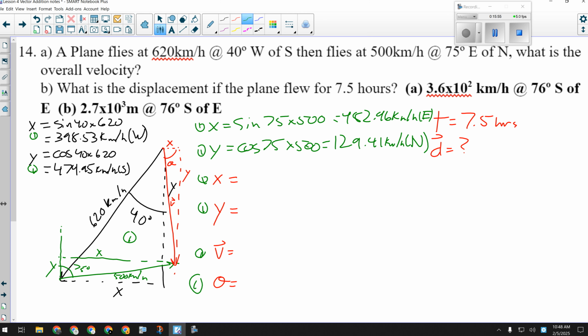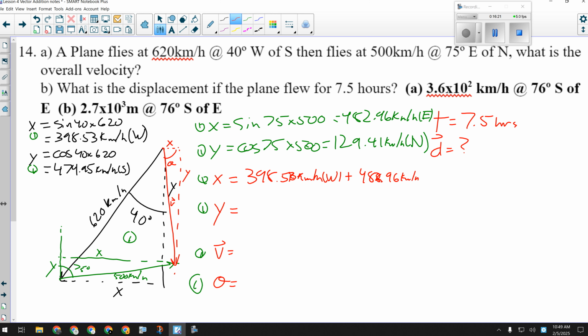Right. So now we've got to calculate our resultants x and y. So our resultant x is going to be 398.53 kilometers per hour west, plus our 482.96 kilometers per hour east.